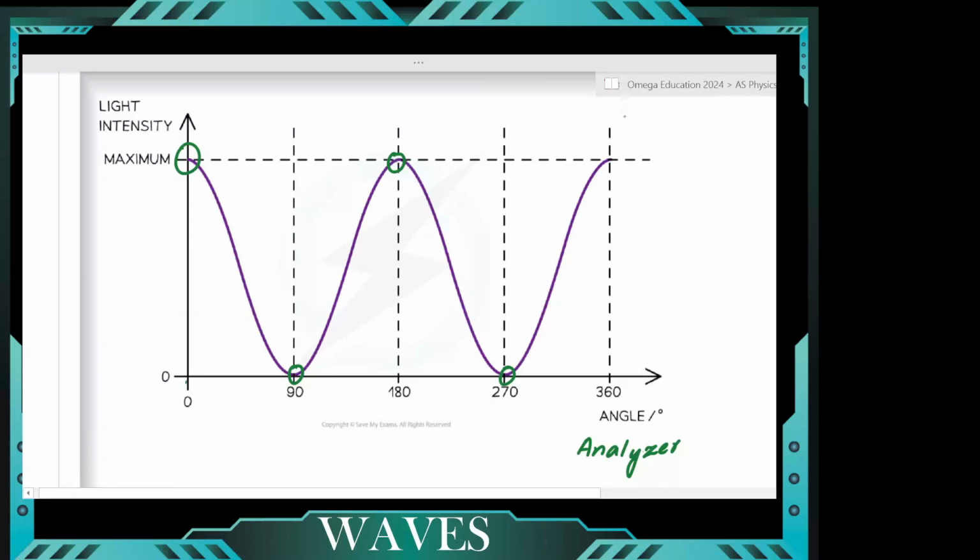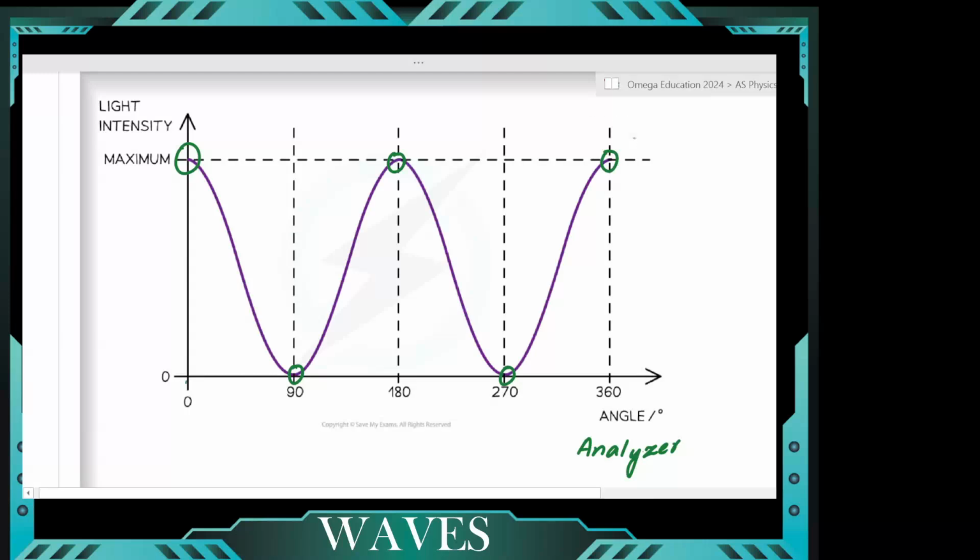Intensity would be 0. 360 means you just completed one round trip of the analyzer. It was placed vertically, but you moved it all the way around in a circle, and it returns to the same point, still vertical. The light behind the analyzer was vertical, so it can pass easily.